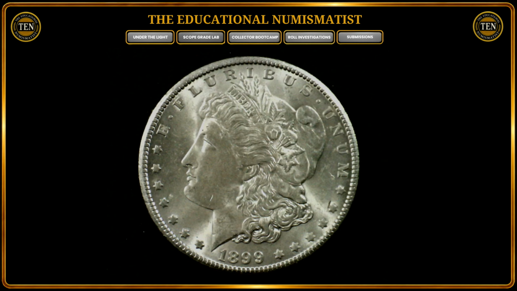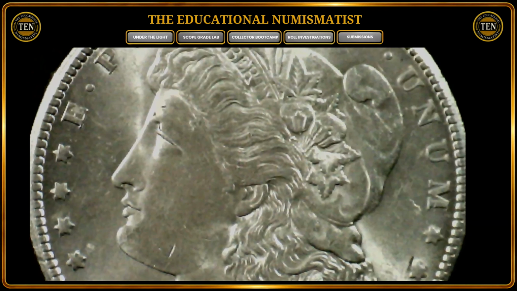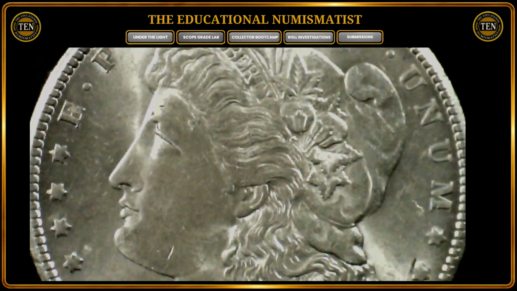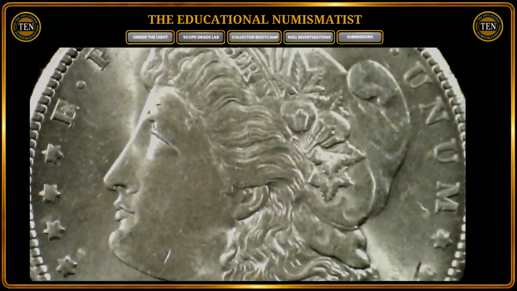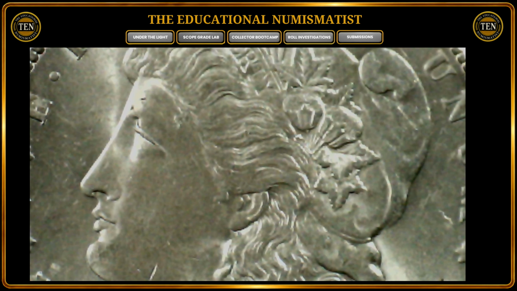But a grader should not stop after examining only one side. On the obverse, one of the corresponding high points is the hair above Liberty's ear. Now this area is especially important because it can show friction early. If the reverse breast is flat because the coin circulated, the hair may provide supporting evidence.